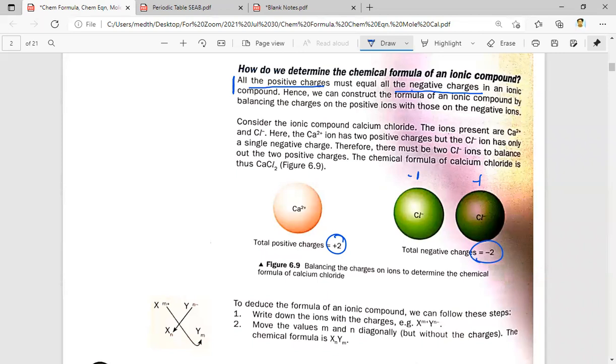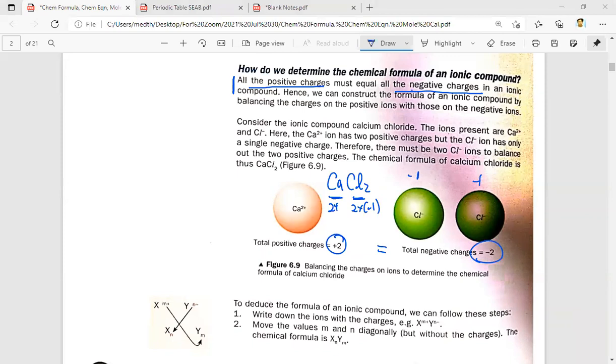Can you see +2, -2? The positive charge is balanced with the negative charge. That's why the formula for calcium chloride is CaCl2, so that your 2+ is balanced out by 2 times -1. This is the reason why the formula is CaCl2.